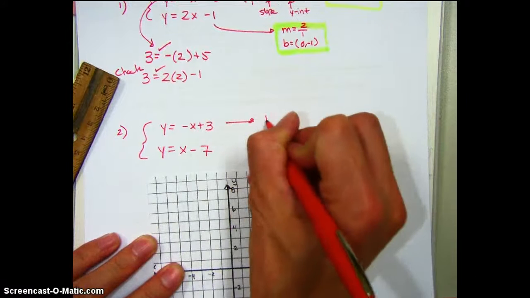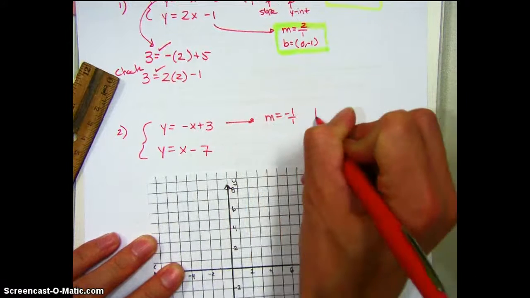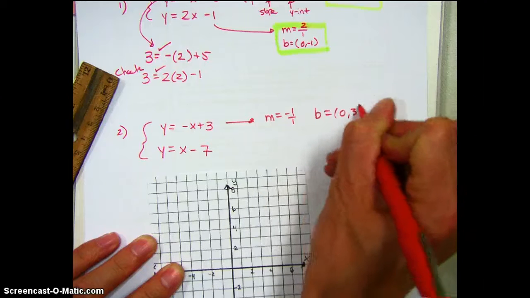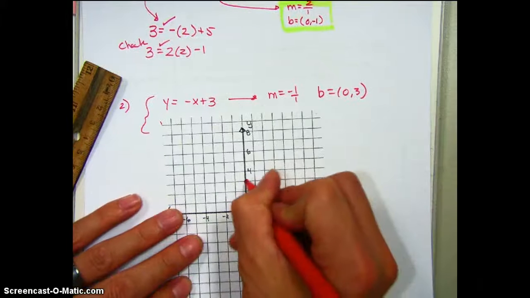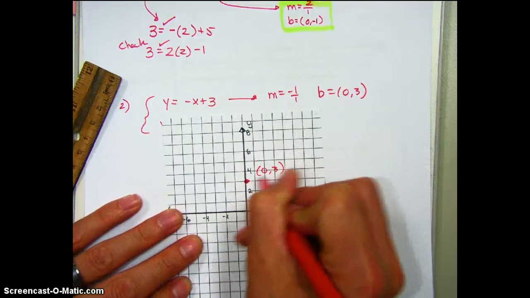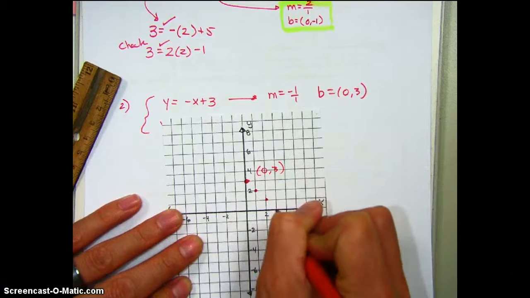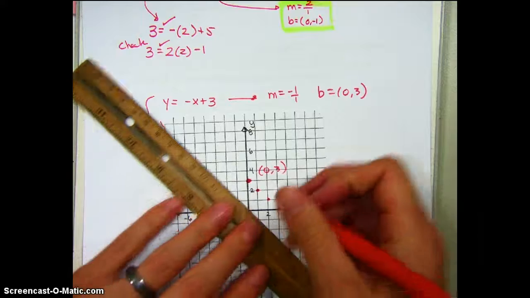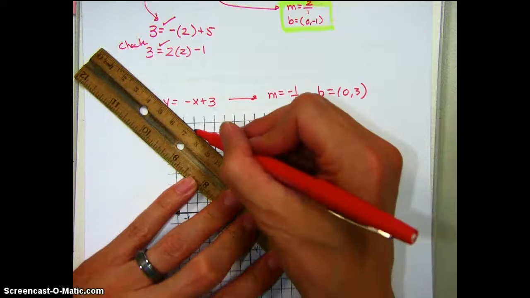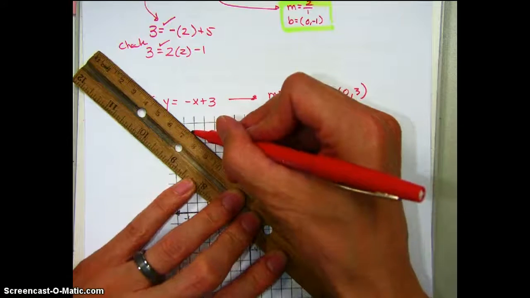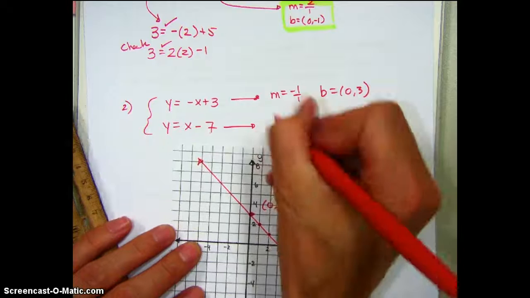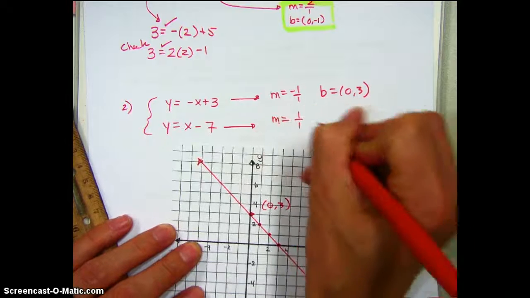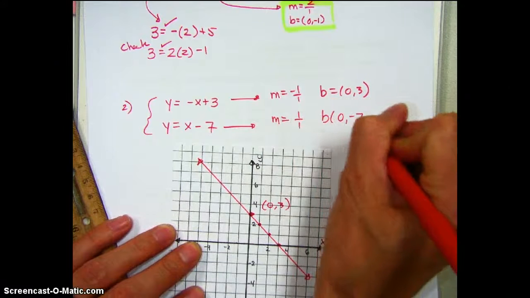In this first one, my slope is negative 1 over 1, and my y-intercept is 0, 3. Let me graph that one first. 0, 3, that's right there. Down 1 over 1, down 1 over 1, down 1 over 1. There's my first line. And my second line, my slope on this one happens to be 1 over 1, and I begin at 0, negative 7.